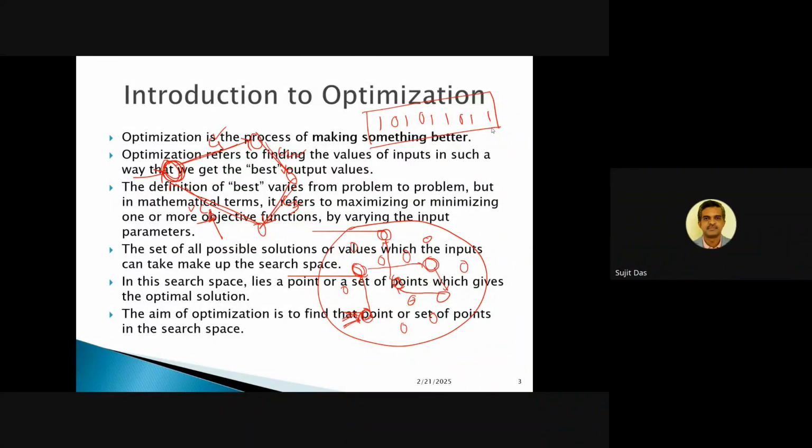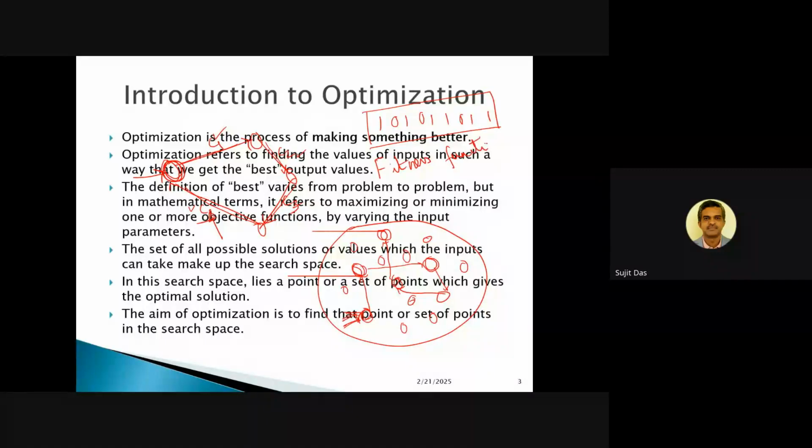I will discuss this problem again today. So if our objective is to find the string where the maximum number of ones will be there, then what will be the fitness function here? Your fitness function will calculate the number of ones.